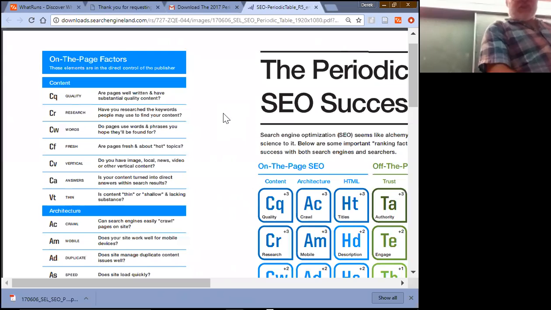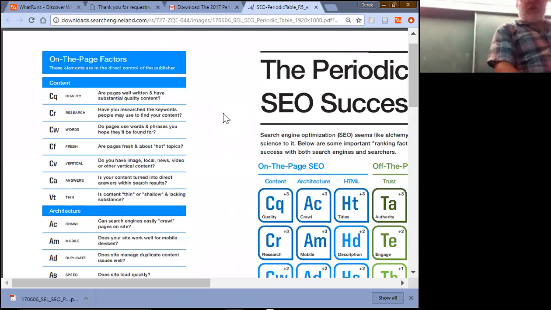Have you researched the keywords that people use to get to that page? Are those keywords on the page? What words are you using? Are you using words and phrases that people use when looking for this stuff? How often is your content refreshed? So if it's a page from 2002 and you've not touched it since then, it fails on the freshness criteria.